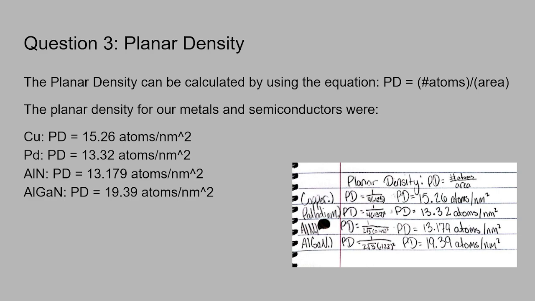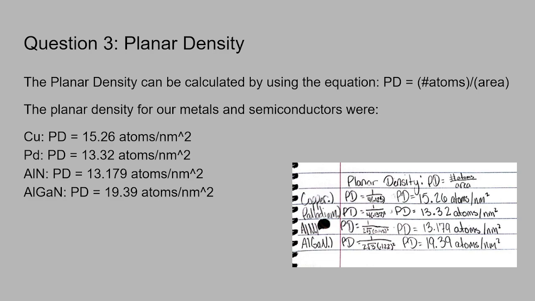To calculate the planar density, you would use the equation planar density is equal to the number of atoms divided by the area. The planar density for our metals and semiconductors were, for copper, 15.26 atoms per nanometer squared.